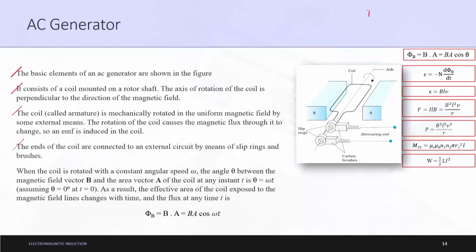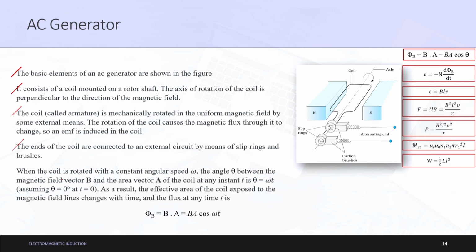The value of omega at t equal to 0 is 5 radians per second, and at t equal to 10 seconds it is also 5 radians per second. That means it is constant. B is also uniform, and the rate at which the area is rotated is also constant. Everything is idealized properly while calculating the concepts involved in AC generators.